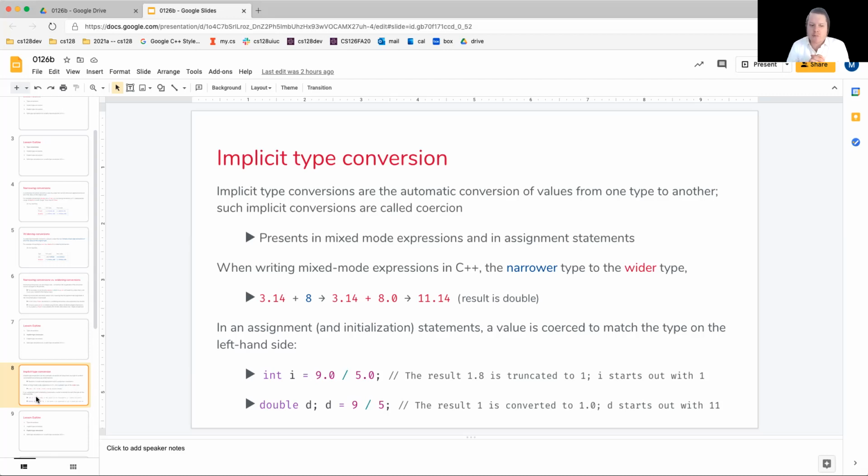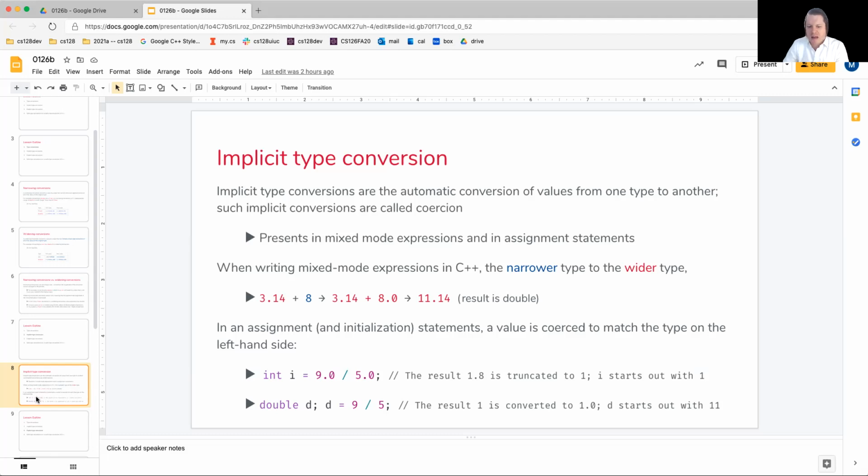So looking at this, 3.14 plus 8, recall that an integer is going to be narrower than a floating point double type. Remember, we're dealing with literals here, so it's a double. What that means is, such a double can store a wider range of values, so that integer will be promoted to 8.0.